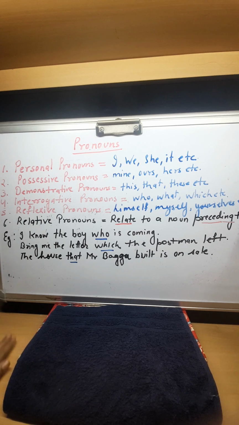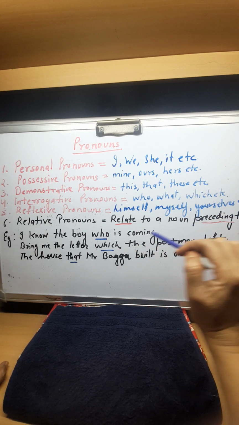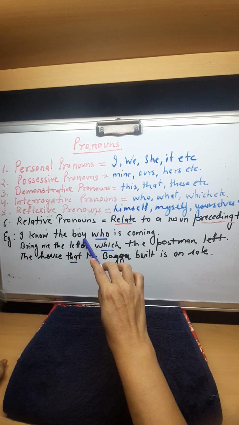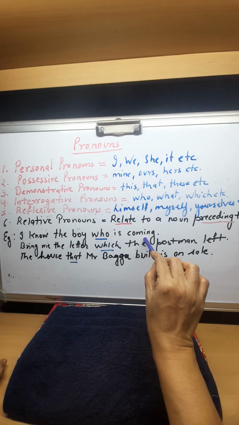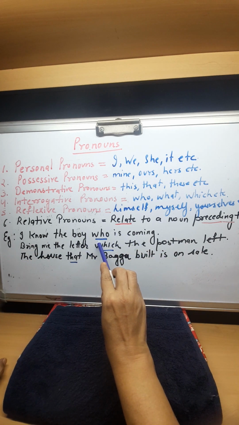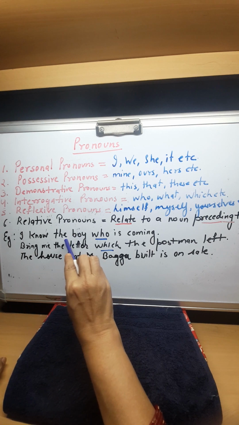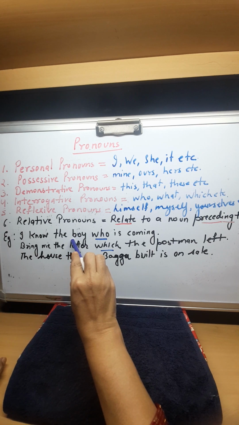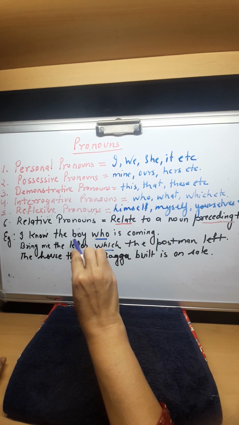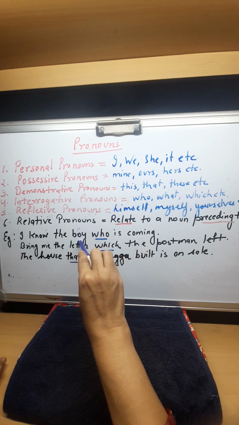Now I think you will be more comfortable with the example and you will understand what a relative pronoun is. I know the boy who is coming. So who is the relative pronoun? Who is telling the relation with this noun, which is coming before it, preceding it.